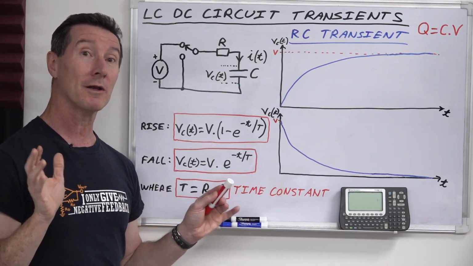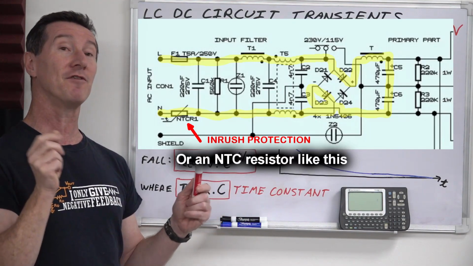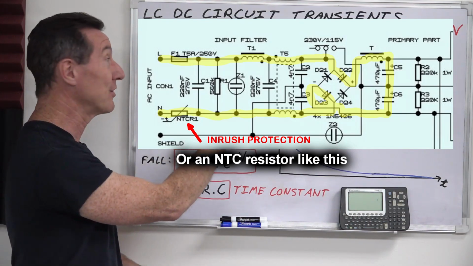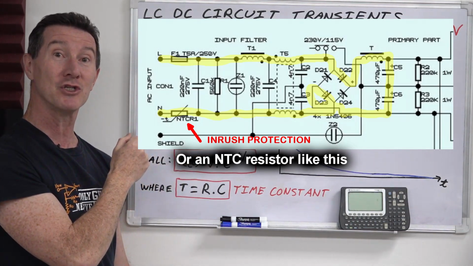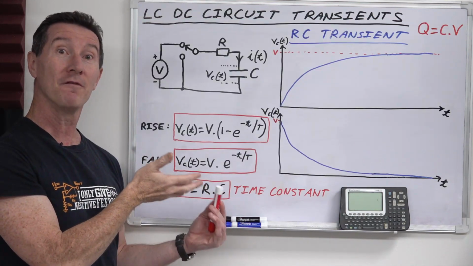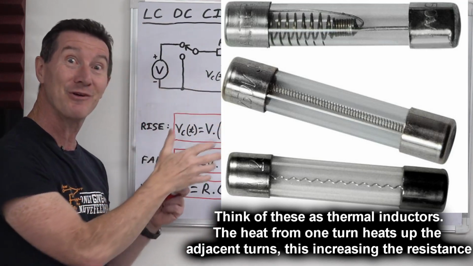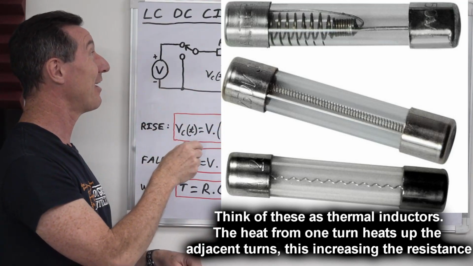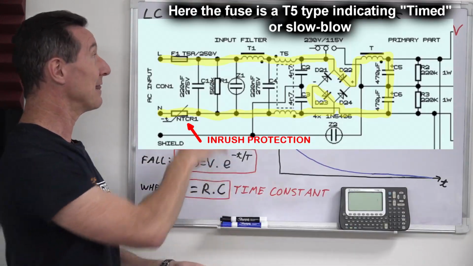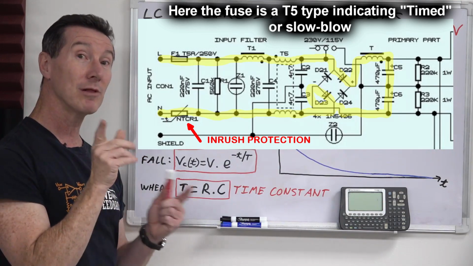This is why a lot of power supplies will actually have a slow blow fuse, because if you put a fast blow fuse in there, the inrush current caused by the capacitors being a short circuit can blow fast blow or quick blow fuses. So that's why you put a little fuse in there that's got a little inductor, which we'll get into. It acts kind of like that, and it's a slow blow fuse that will then prevent that large inrush current from actually blowing the fuse. Slow blow fuses.